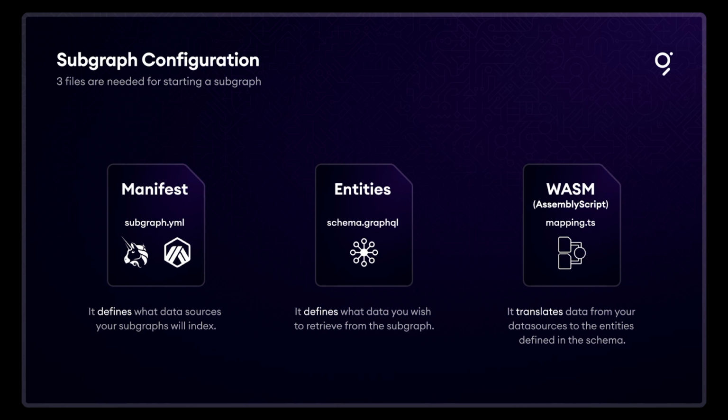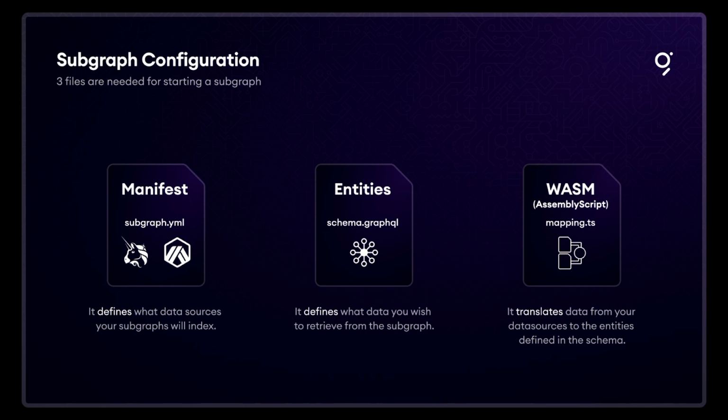The next one is the entities. I know GraphQL is new to you guys, but the way you organize data in GraphQL is based off what are called entities. Entities are basically like key value stores, like data types and how you want to store those. The Graph is powered by Postgres and GraphQL, so all the data is stored in Postgres and exposed with GraphQL.